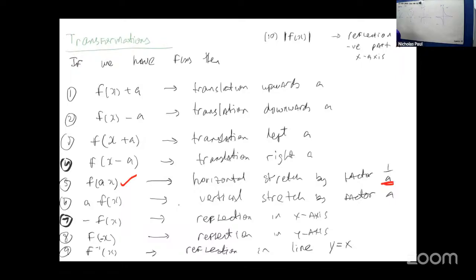If there's an a in front of the f of x, it's a vertical stretch by a factor of a.